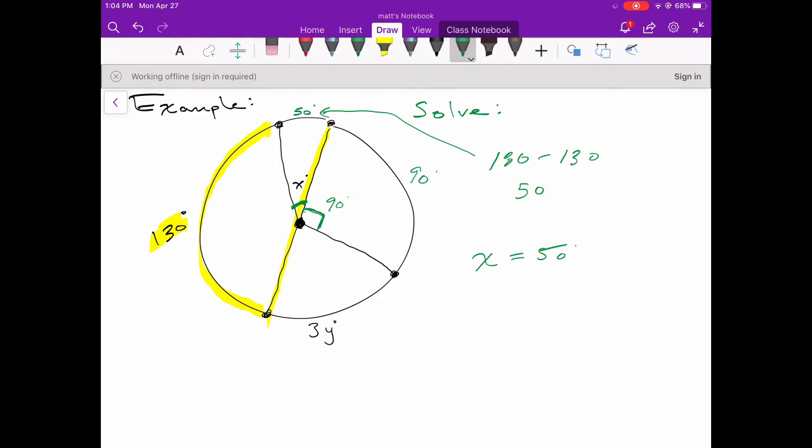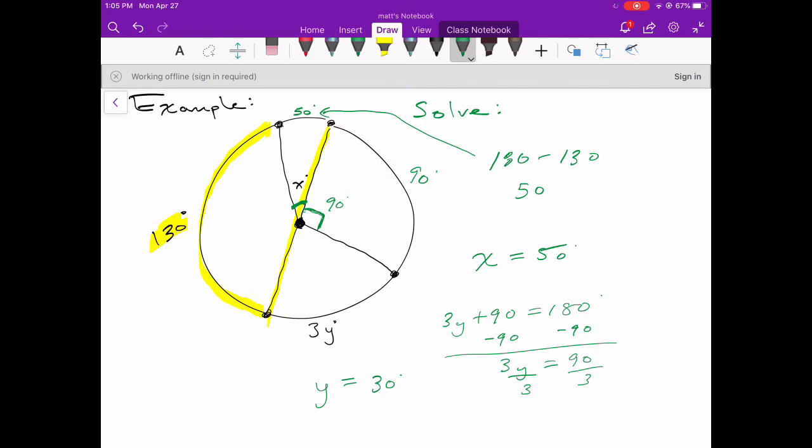And these two arcs, 3y and 90, should add up to 180 because that's the other semicircle. So if I subtract 90 from both sides, I've got 3y equals 90. Divide both sides by 3 to get y by itself: y is equal to 30. So now I've solved for both x and y, and I am completed with this problem.